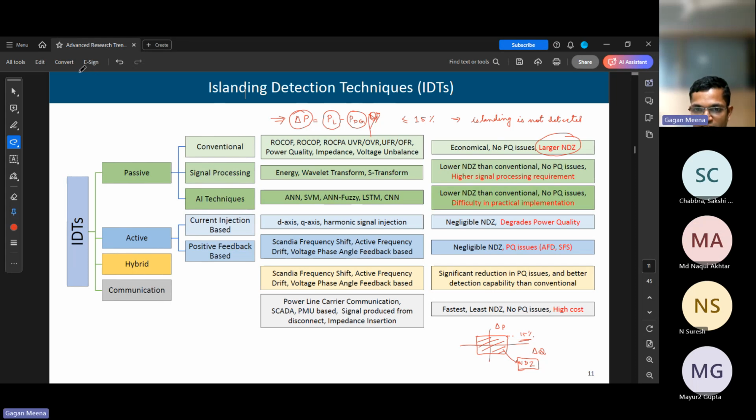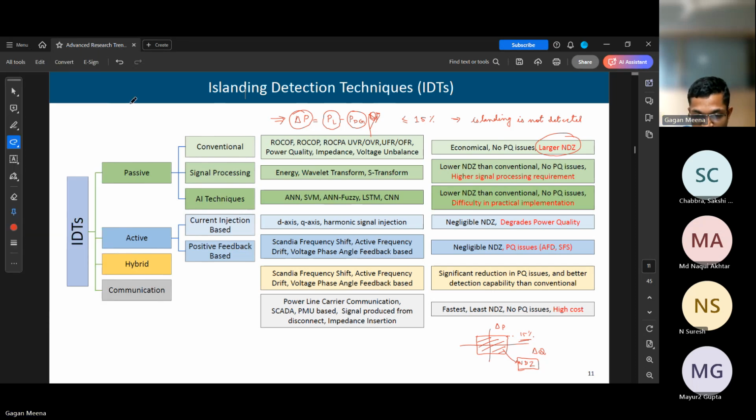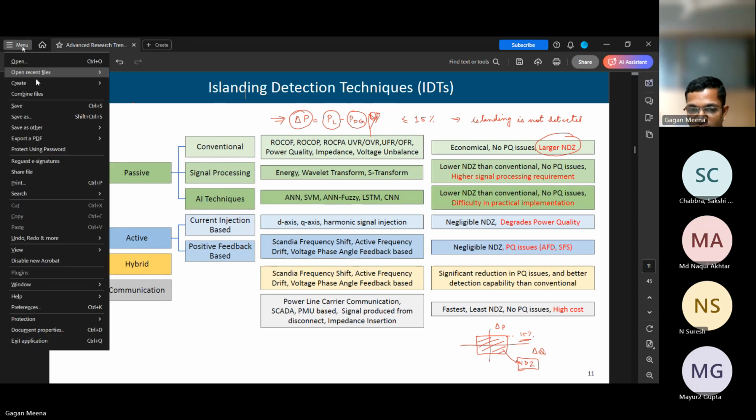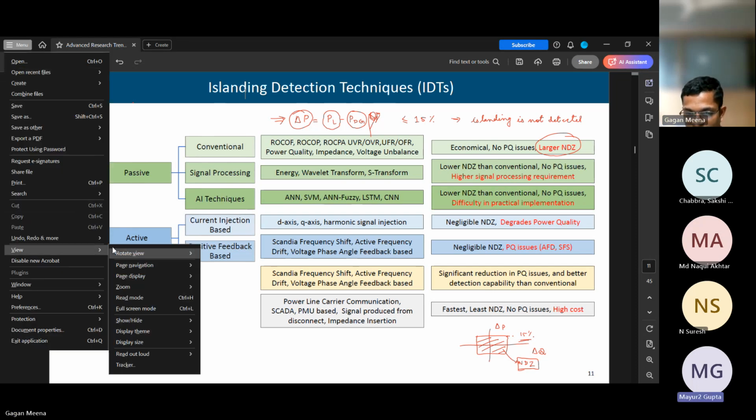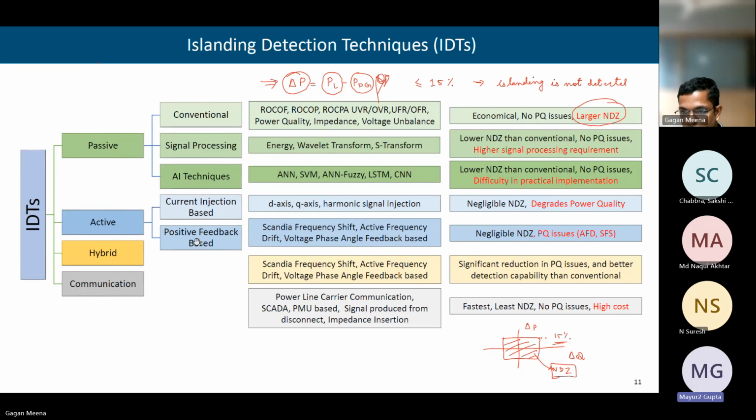We can be floating. What do you mean by floating with the grid? Floating means zero import, just no import, no export.